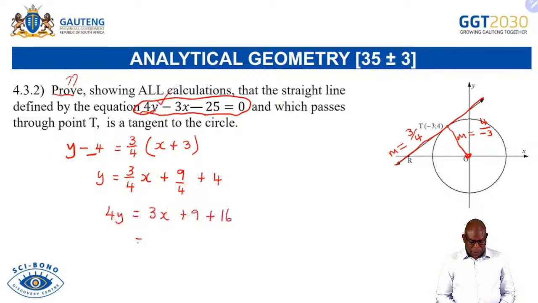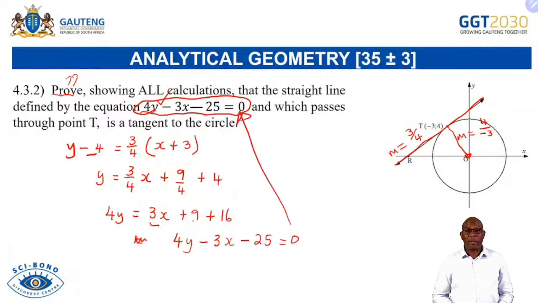So if I bring everything to my left-hand side, I'm going to have 4y minus 3x. 9 plus 16 is 25, so it's minus 25, and that will be equal to 0, and that's what I have in there.